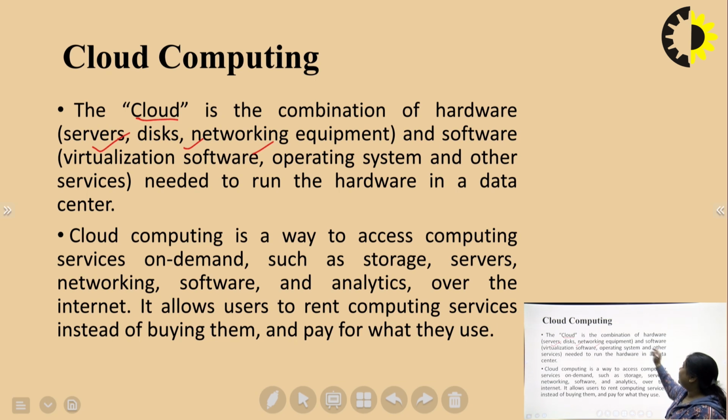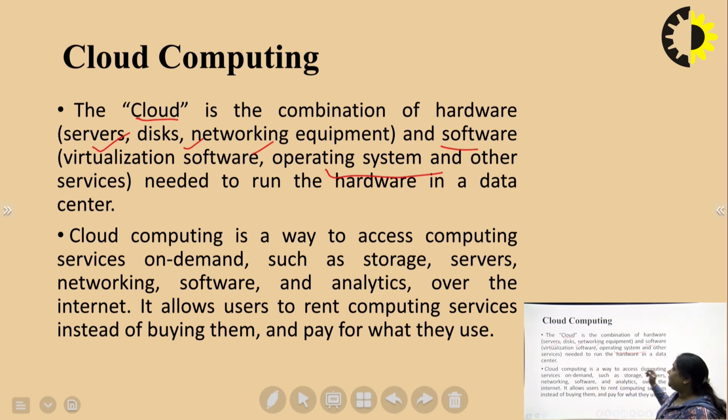And what is software? We have two types of software: application software and system software. The operating system comes under system software. Application software is software that solves some purpose for the user, also called utility software. These are needed to run the hardware in a data center.